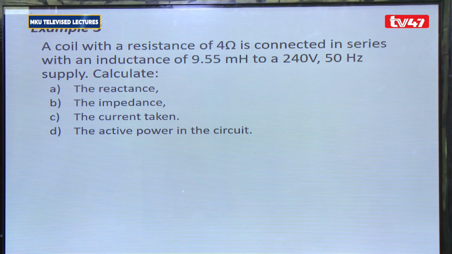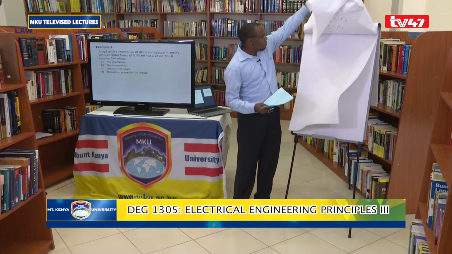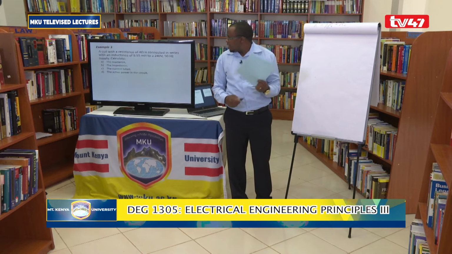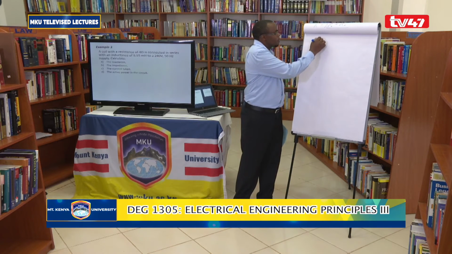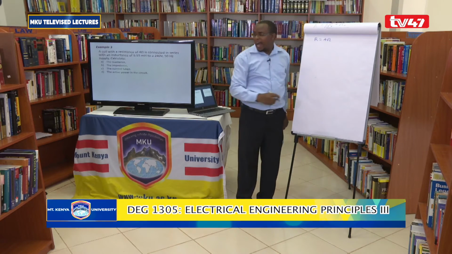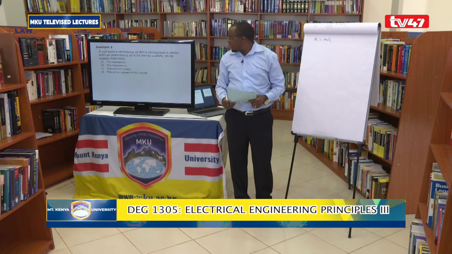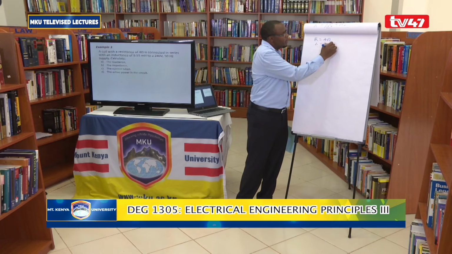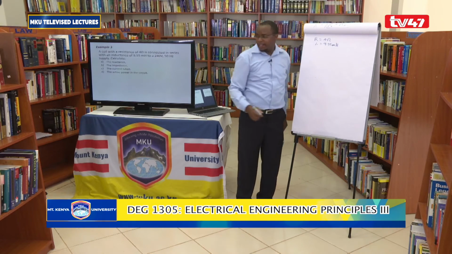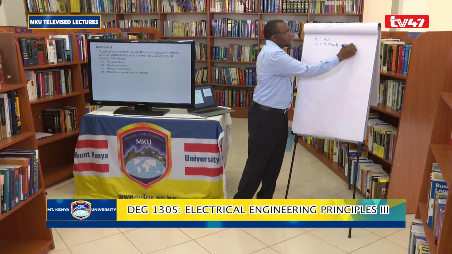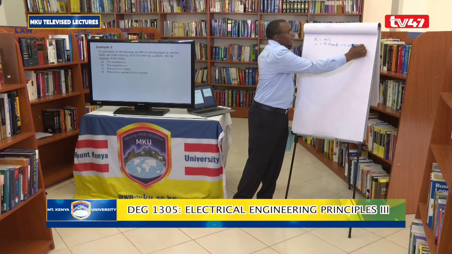Again, it's good to do a question analysis of the values you have been given. The resistance R is 4 ohms. The inductance L is 9.55 millihenry, which is the same as 9.55 times 10 raised to the power negative 3 henry.